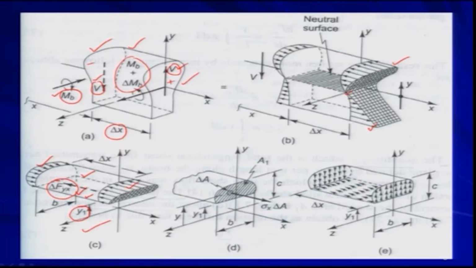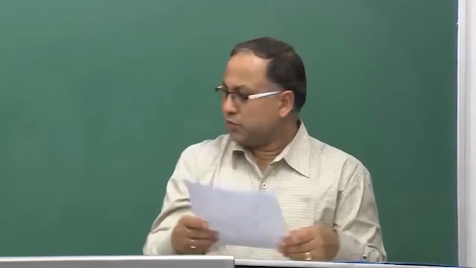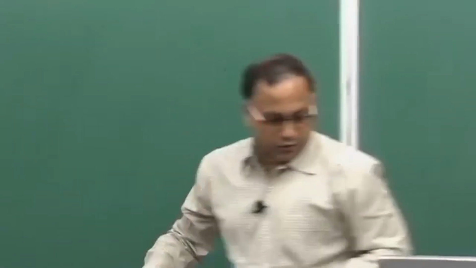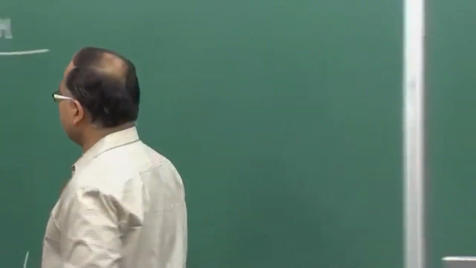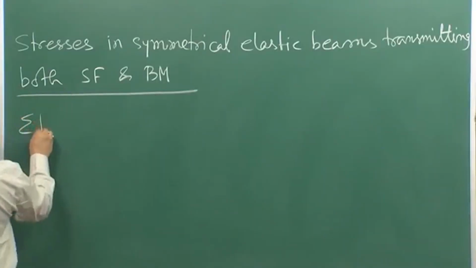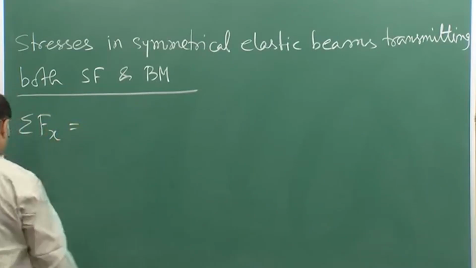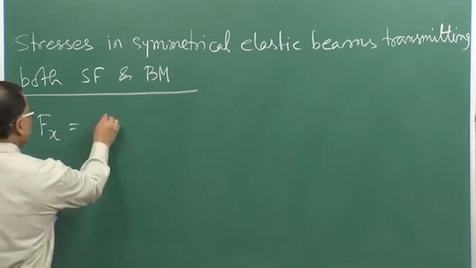That is nothing but delta f y x, on y plane along x direction. So, if I consider the equilibrium condition, that means summation of all the forces in x direction is equal to 0.